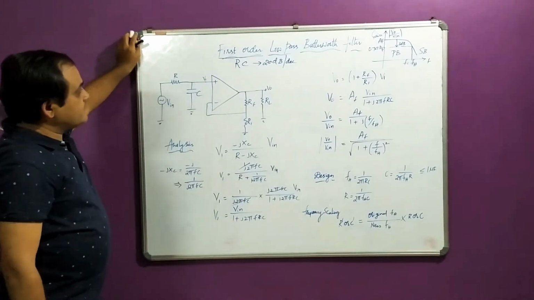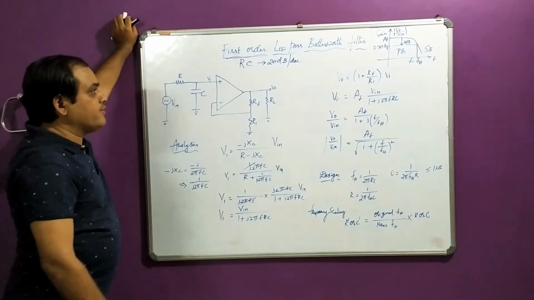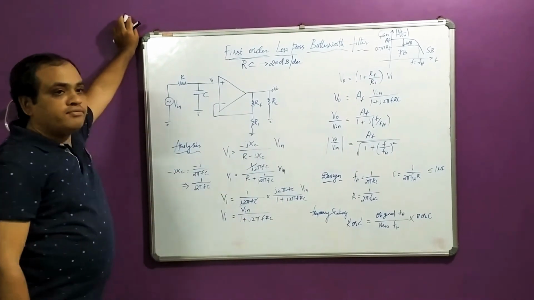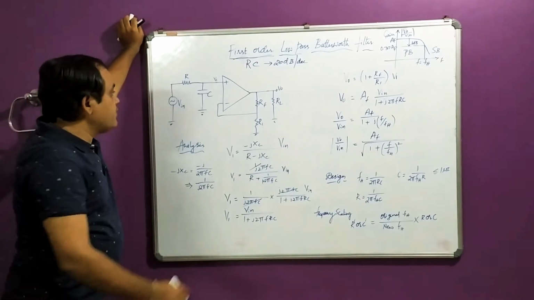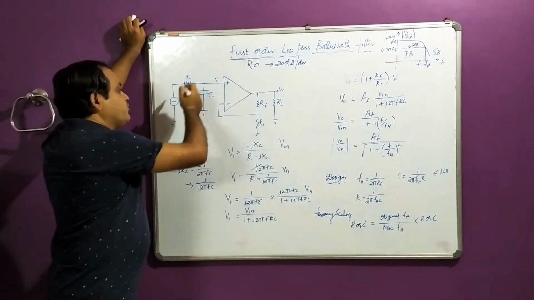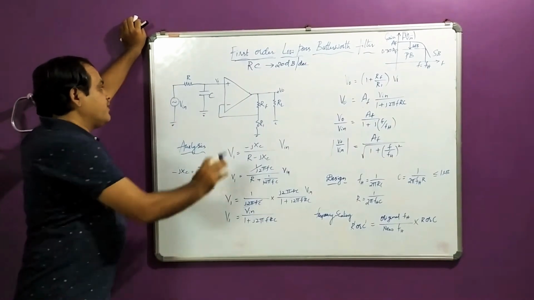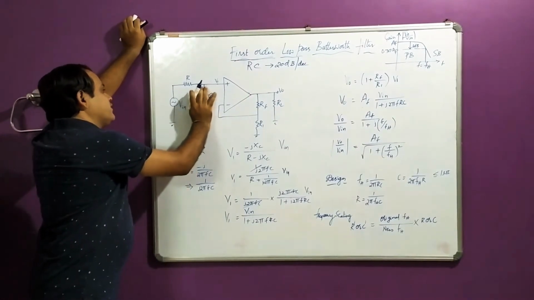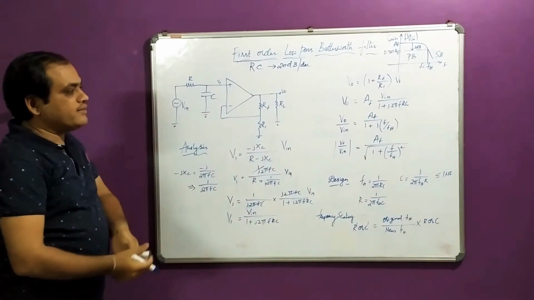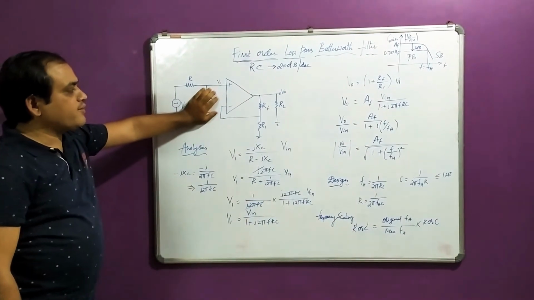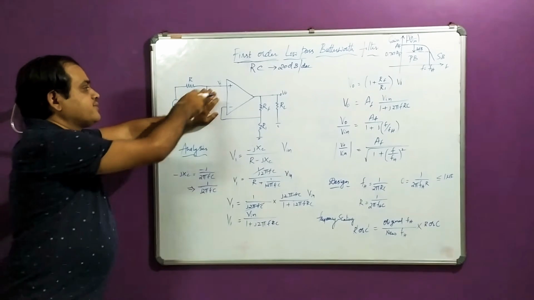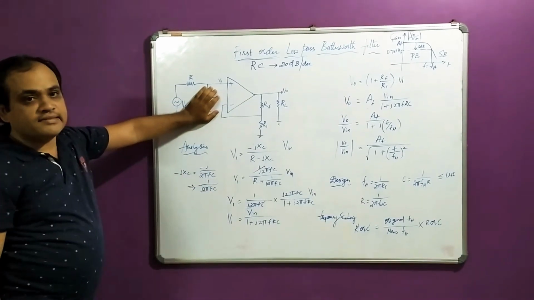Now for this, let us consider a circuit and the frequency response of a low pass filter. If you look at this particular circuit drawn on the board, imagine there is no capacitor in the diagram. I hope you can guess what type of circuit it is.